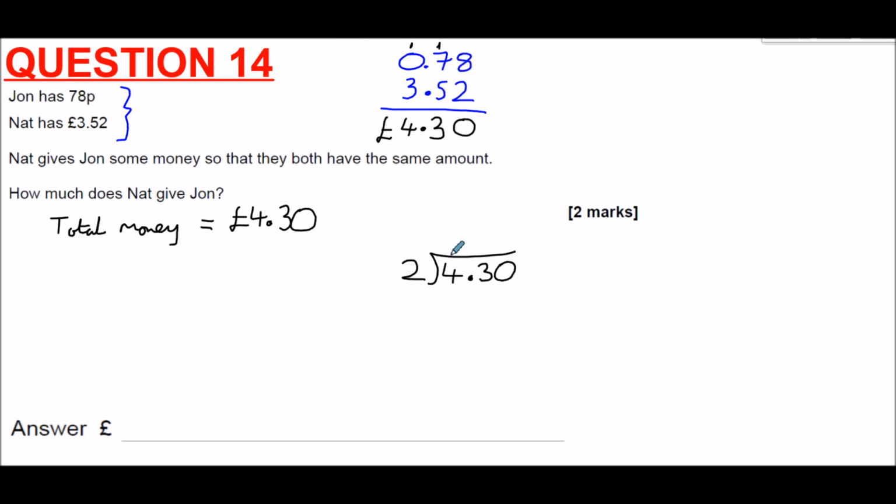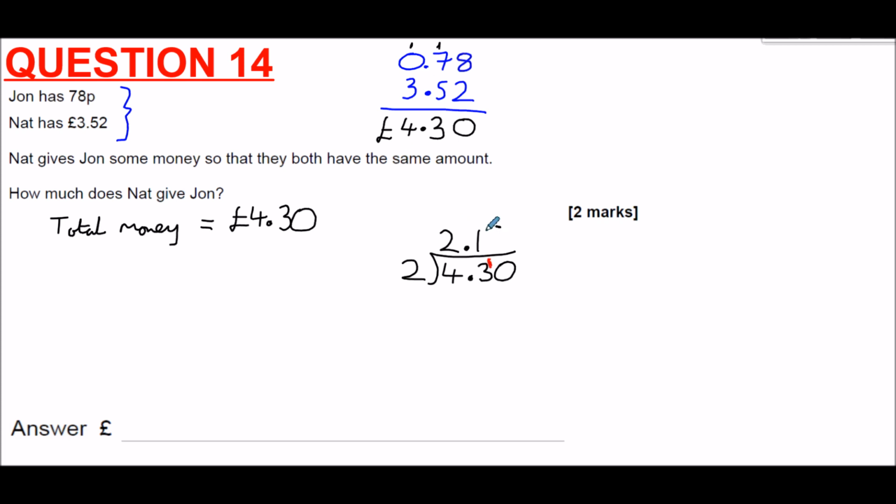So 2 into 4, we can fit 2 exactly. Make sure the decimal lines up top and bottom. Next number, 2 into 3, we can fit 1, but 2 is 1 away from 3, so we have 1 left over. Finally, we've got 2 into 10. How many 2s fit into 10?